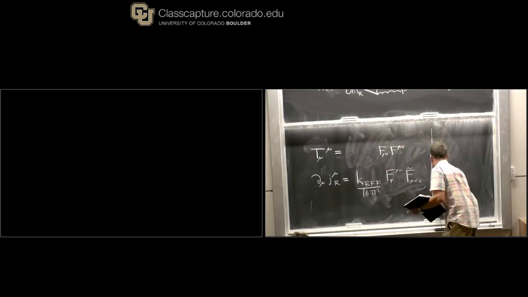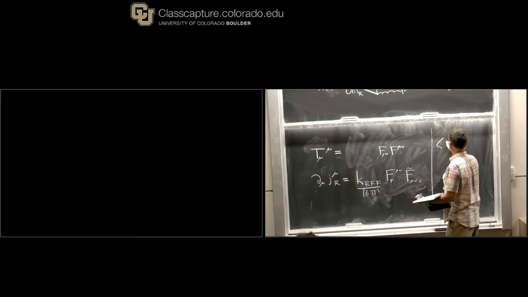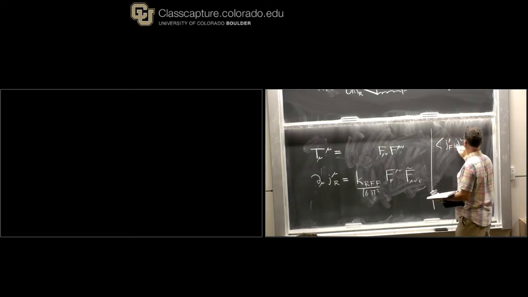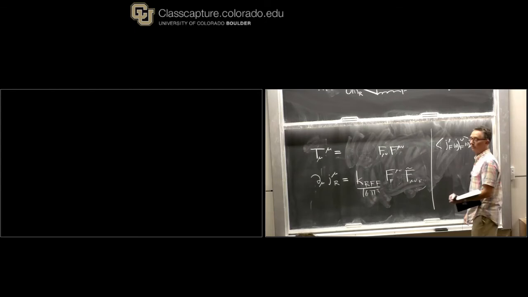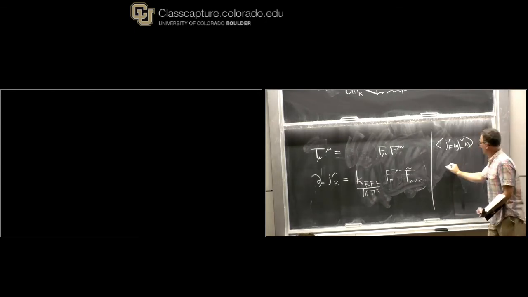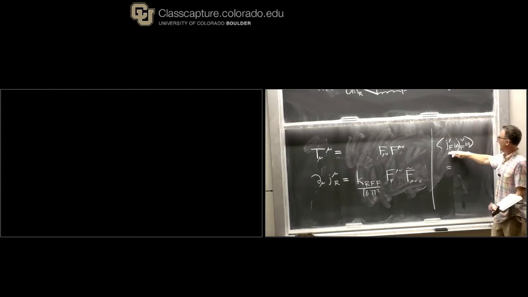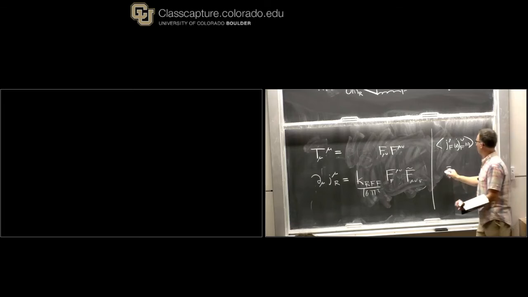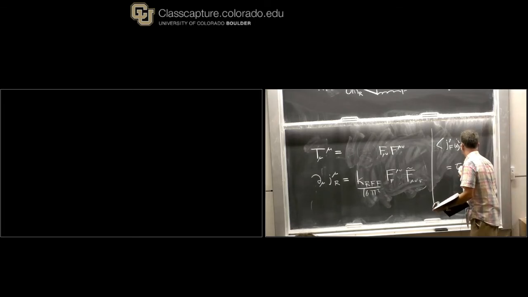So if we look in a conformal field theory, the flavor current at some point x, and this at some point 0, is uniquely determined by the Ward identities up to some overall normalization. And I'm going to call the overall normalization tau.